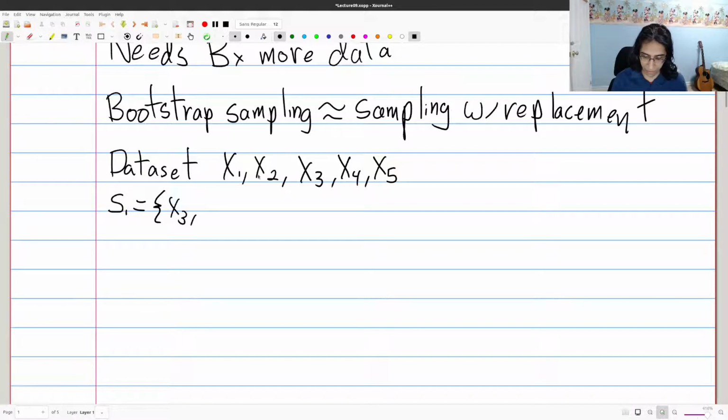I pick another thing uniformly at random, and I pick maybe x4, and I do it again, and maybe I get x1, and I pick it again, and maybe I get x1 again. So notice that it can pick the same thing multiple times. That's why it's called with replacement. And then maybe you sample again from the set, and you get x4. So this is a bootstrap sample, where you essentially sample with replacement from the set.